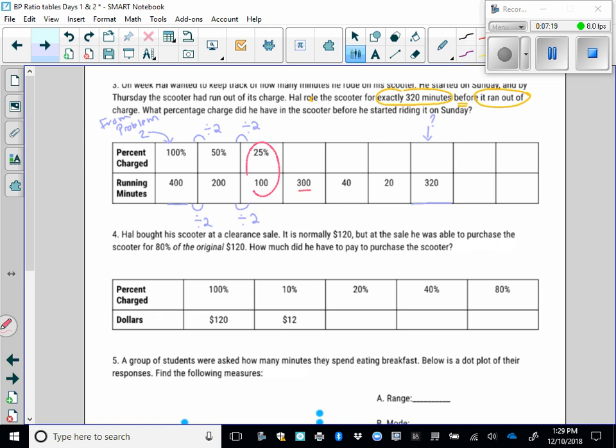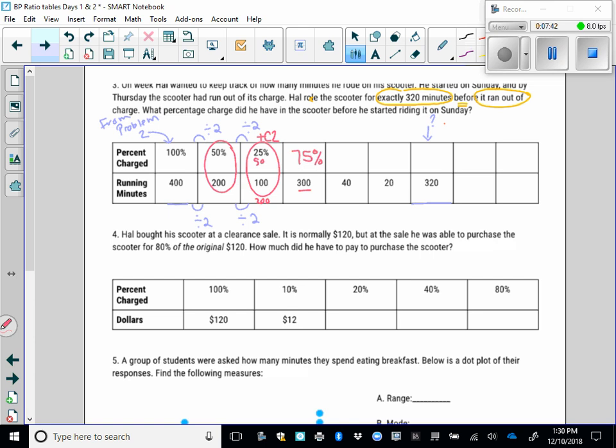So I can add these 2 columns. So I'm going to add column 2 here. That's adding 200. That gives me the 300, and I have to add 50 here, and that gives me the 75%. So this has to be more than 75.